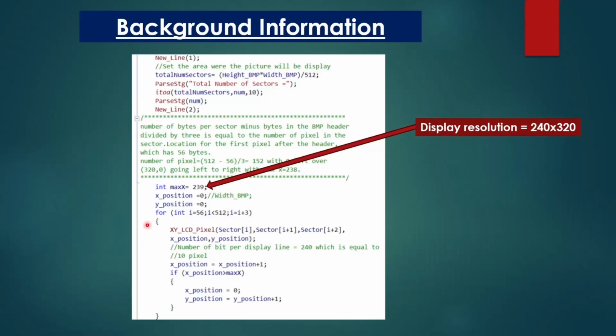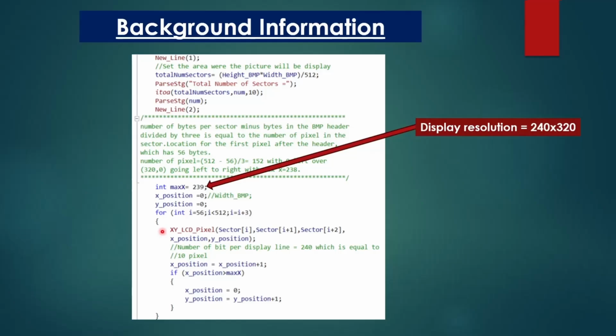What we're doing at this point is getting the data in the first cluster, which has 55 words of header. So I start from byte 56 and go to 512, and I'm going to go around every three bytes.